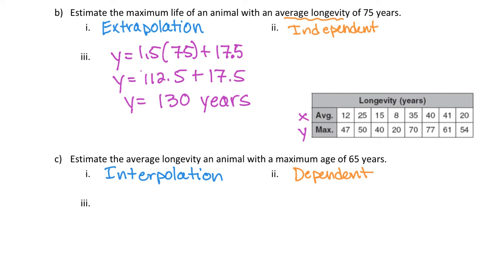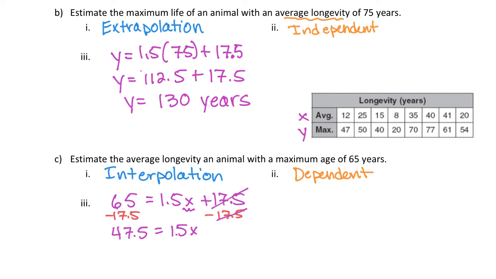So I'm going to replace the Y with the 65. That's going to equal 1.5x plus 17.5. So this time I'm going to solve for x. That means I start by subtracting 17.5 from both sides.